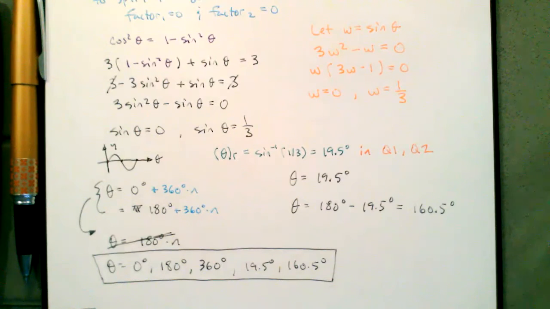So this is an extension of a problem we did last week, where we have a trigonometric equation that's quadratic in sine or cosine, and that we had to put into one trig function using the Pythagorean identity.